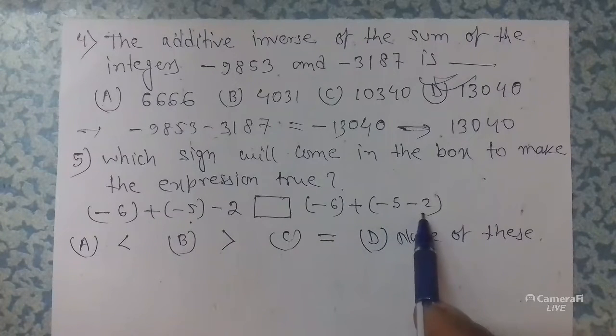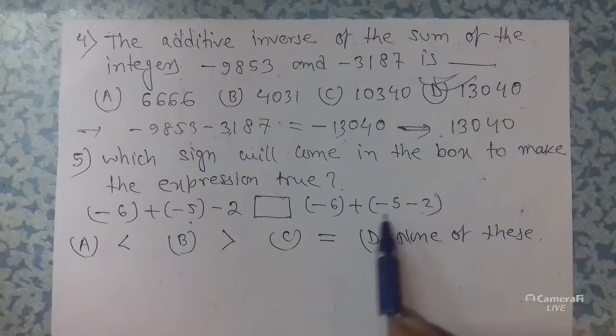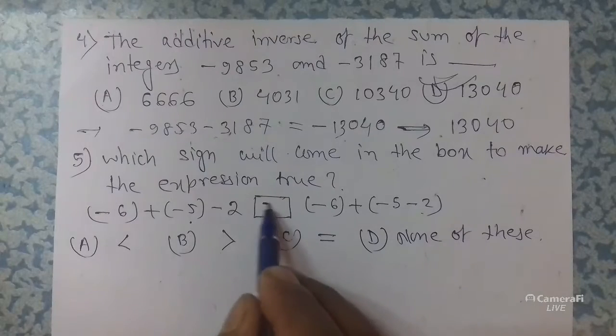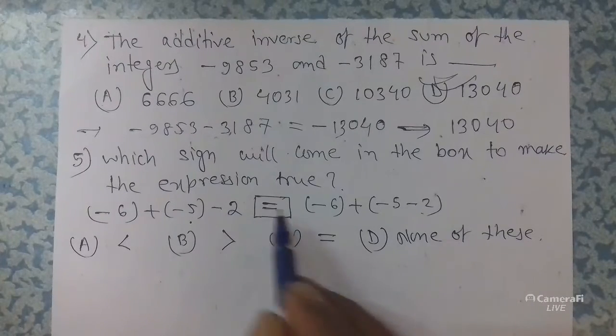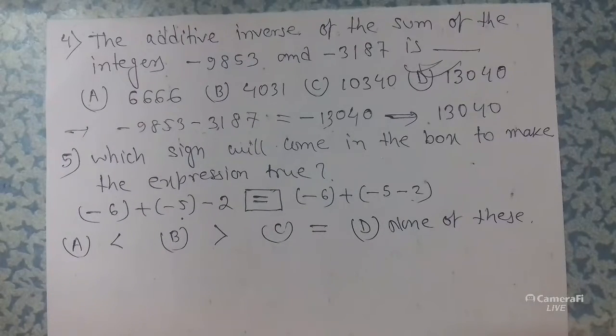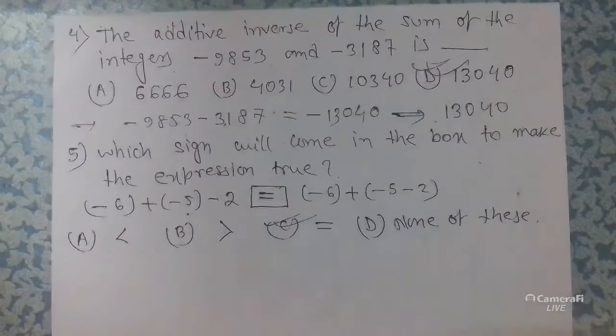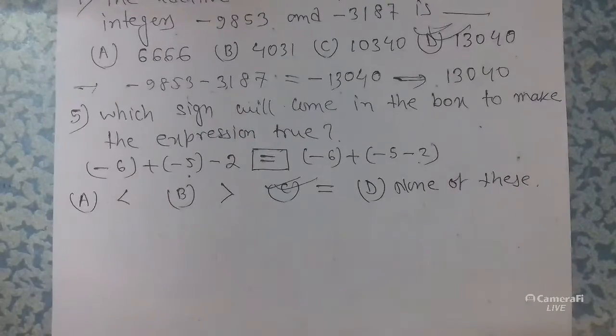So minus 5 minus 2 is minus 7, and minus 7 plus minus 6 is minus 13. So both sides are minus 13. So that means both sides are equal. So equal sign will be there in the box. So option C is correct. Next problem.